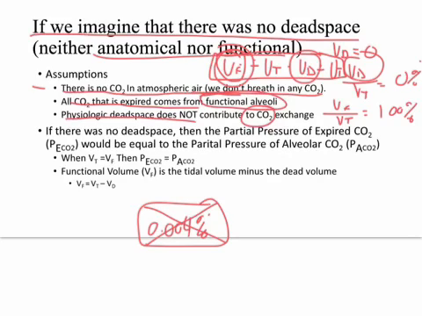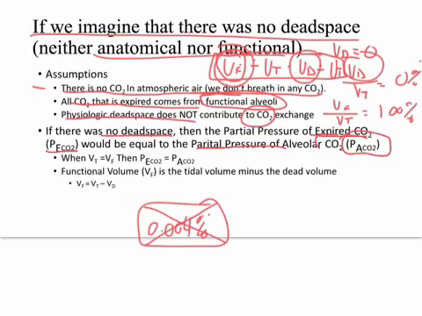So if there was no dead space, let's say, assume again that we have no dead space, then we would say that the partial pressure of expired CO2, I'm not talking about dead expired, I'm not talking about throw it away expired, I'm talking about breathing out, the PE CO2, would equal the partial pressure of the alveolar CO2, the PA CO2.